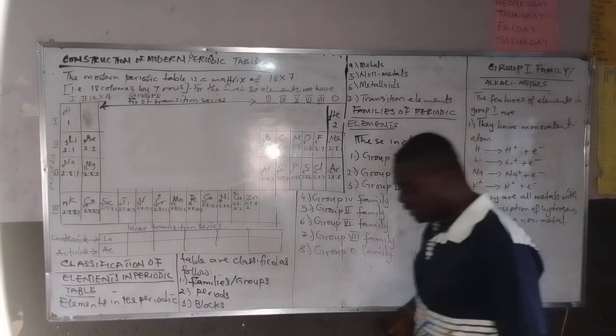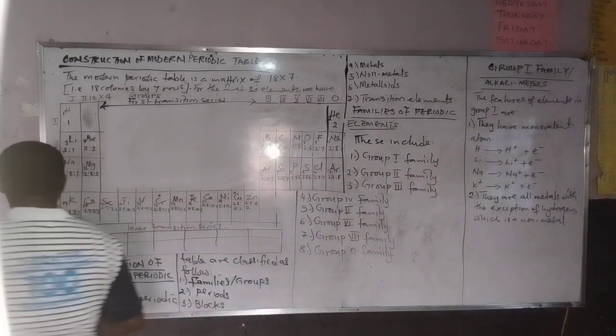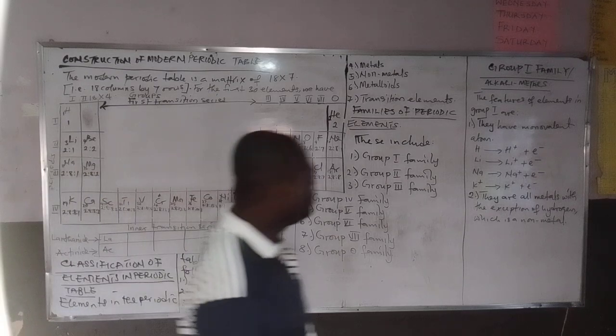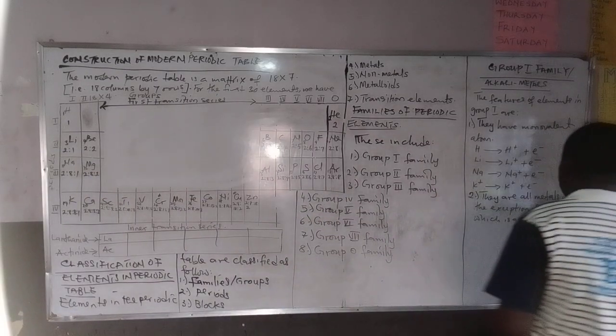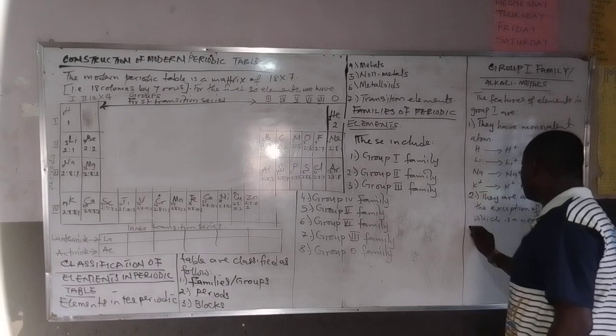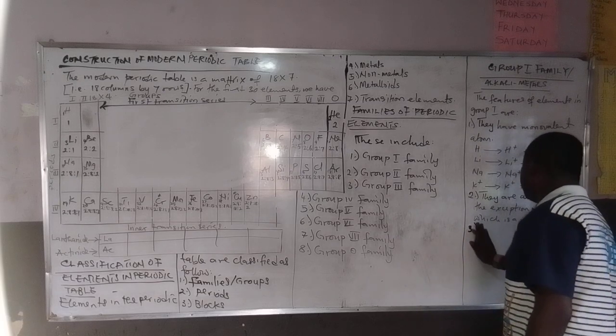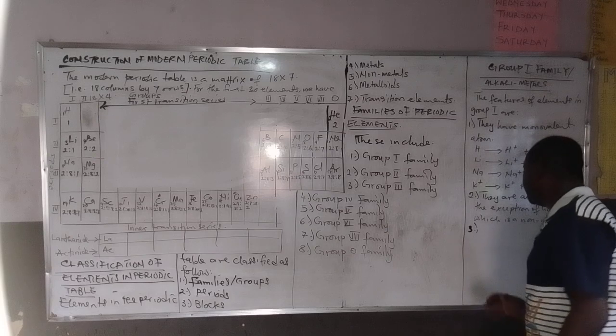So in group 1 we have hydrogen, lithium, sodium, potassium, and like that. But hydrogen is the only member of group 1 elements that is a non-metal. Every other member is a metal. So take note of that. Then number 3: why are they metals? When we get to metals, we will talk about that.